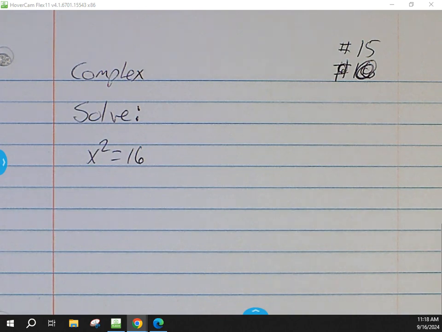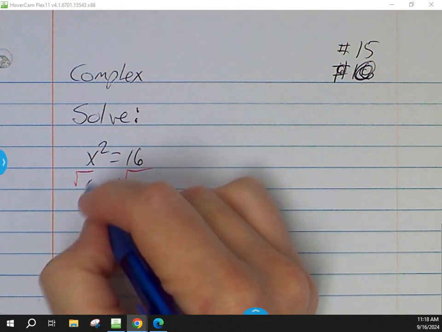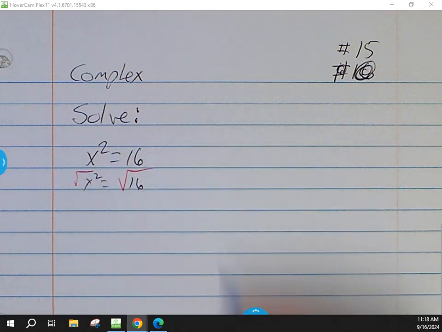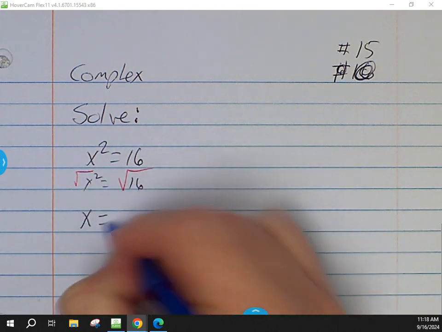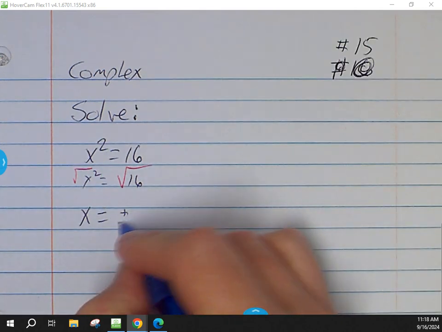So if we're doing the square root property on this one, you would square root both sides. And we get x equals, and again, because it's x squared, we're looking for two answers. We would get the plus or minus 4.